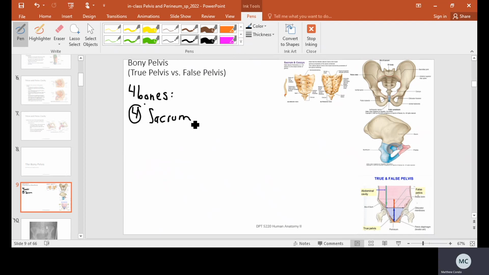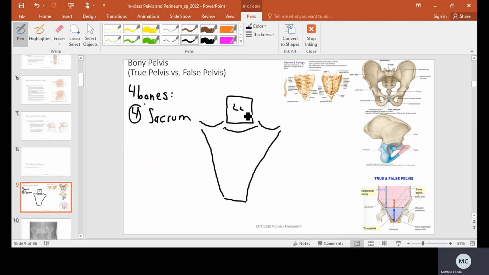Okay? So my sacrum is going to be this large object here. And then I'm going to have vertebrae that are going to be stacked on top of it. Okay, so to give you a reference point, here's L5. I'm going to draw little holes in here, little circles. And these are going to be called, as a group, we already kind of know the word for hole, right? Foramen.